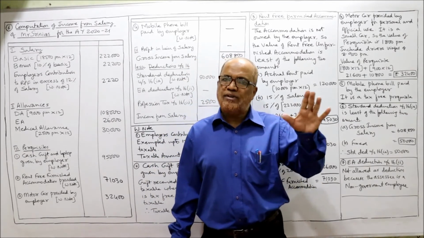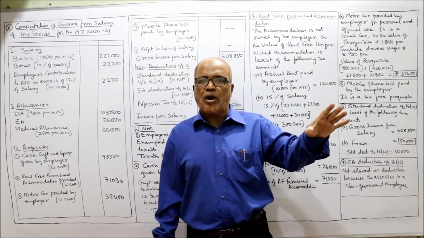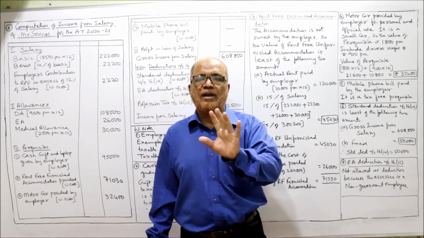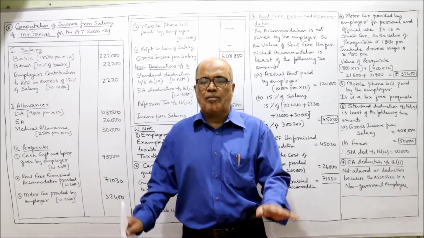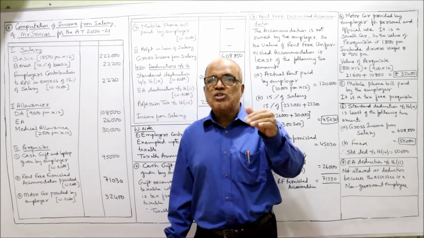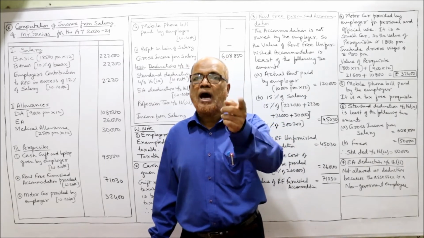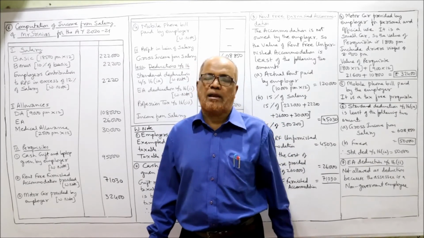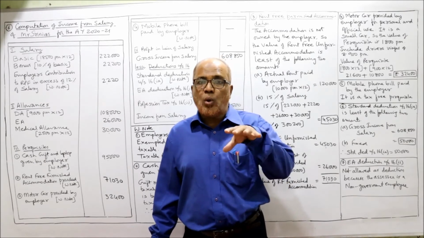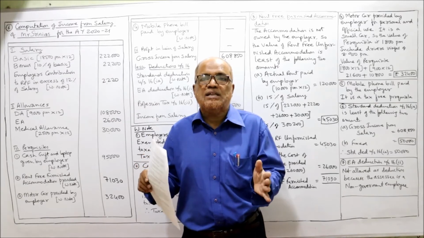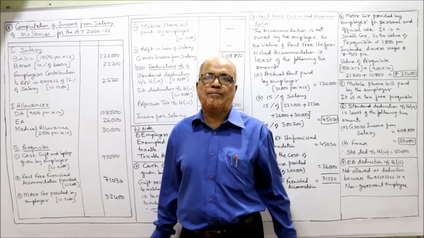First of all, we have to see whether government or non-government. If government employee, rent fixed by the government is the value of rent-free accommodation. But here it is non-government. If it is non-government, we have to see whether accommodation is owned or hired by the employer. If it is owned by the employer, it depends on the population of the city where this accommodation is provided.